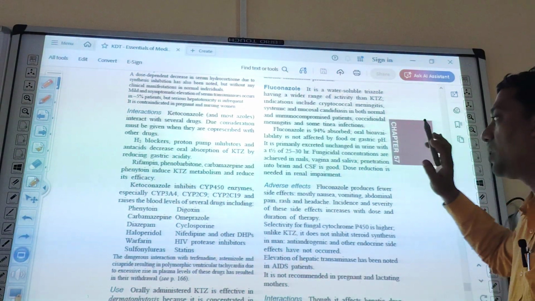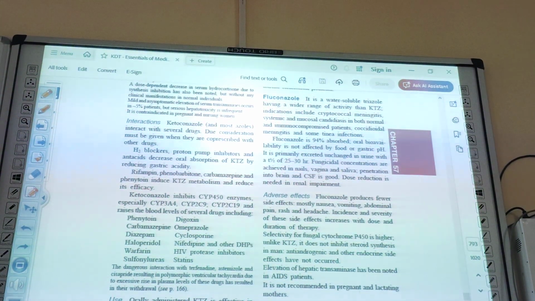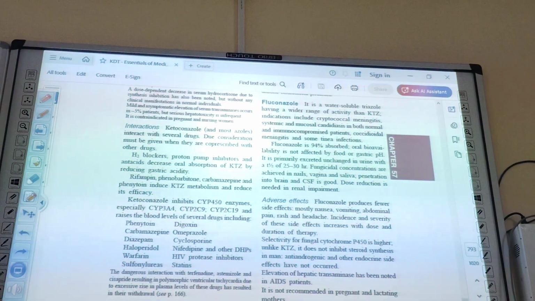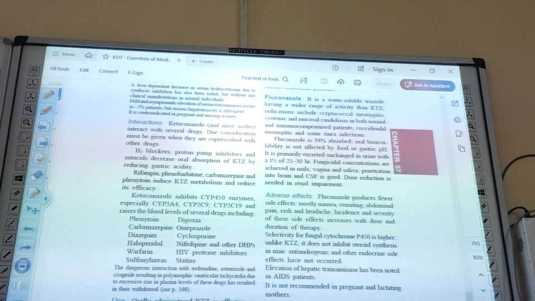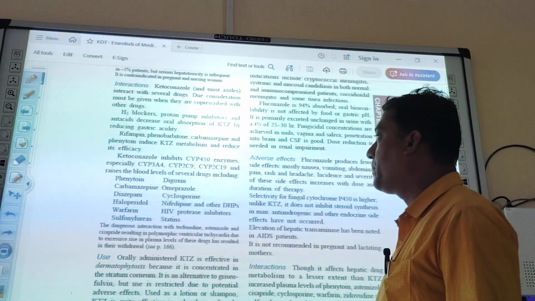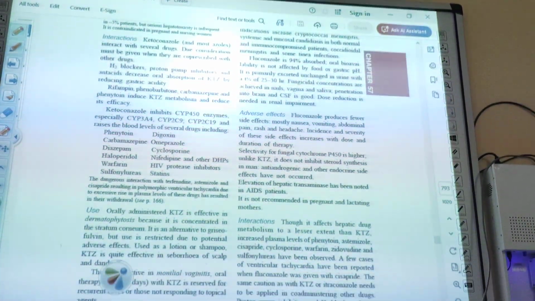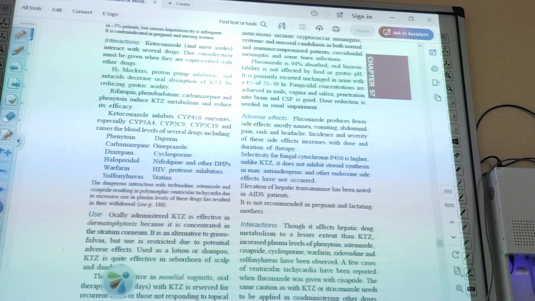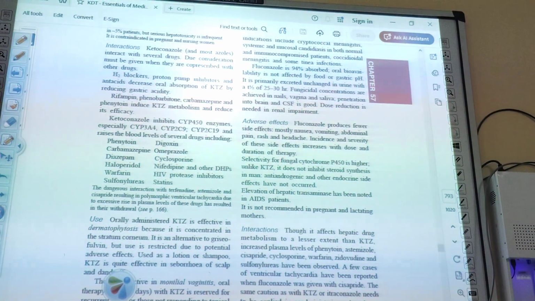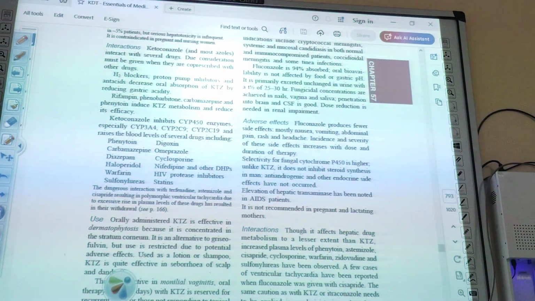Okay, ketoconazole inhibits CYP450 enzymes, especially CYP3A4, CYP2C9, CYP2C19, and raises the blood level of several drugs including phenytoin, digoxin, carbamazepine, omeprazole, diazepam, cyclosporine, haloperidol, nifedipine and other cardiovascular drugs, warfarin, and sulfonylurea. Sulfonylurea is an anti-diabetic drug.